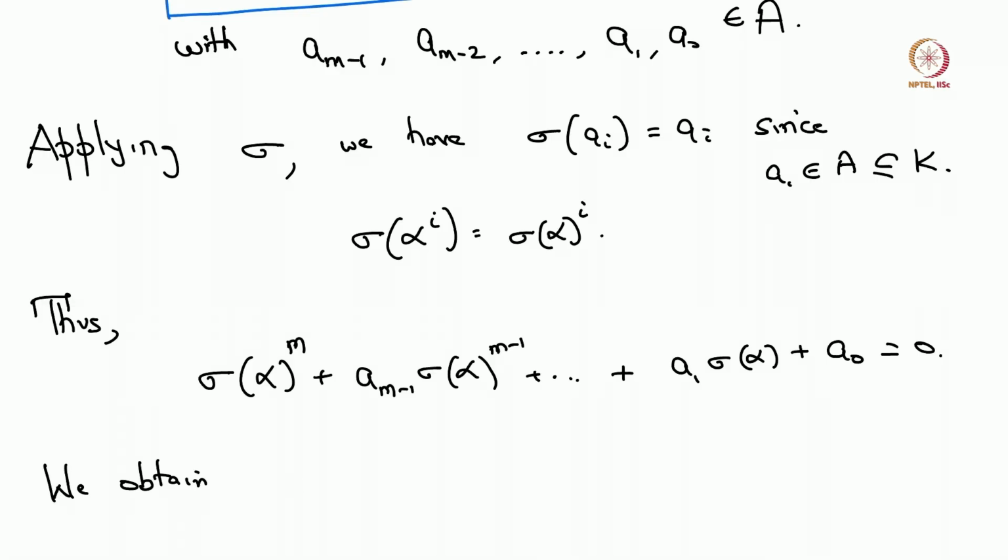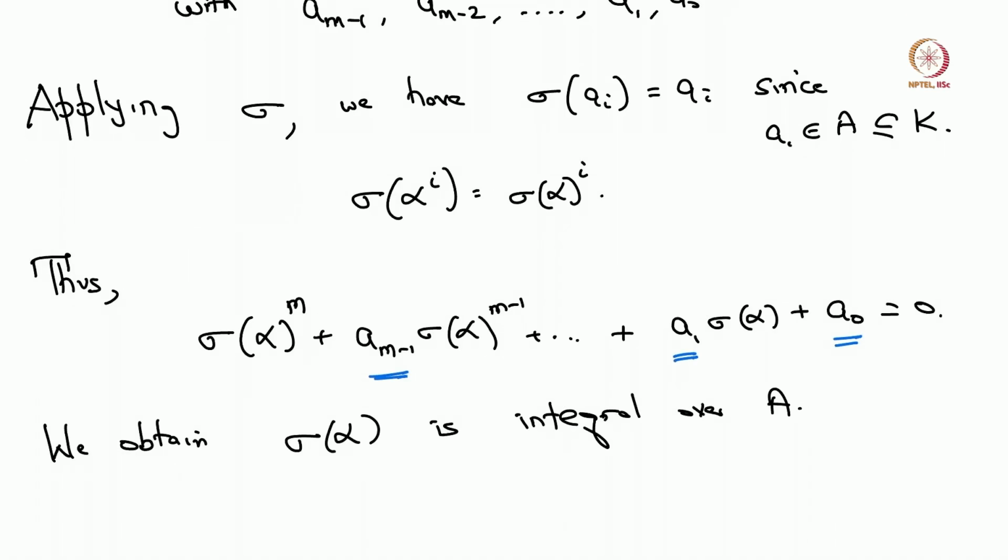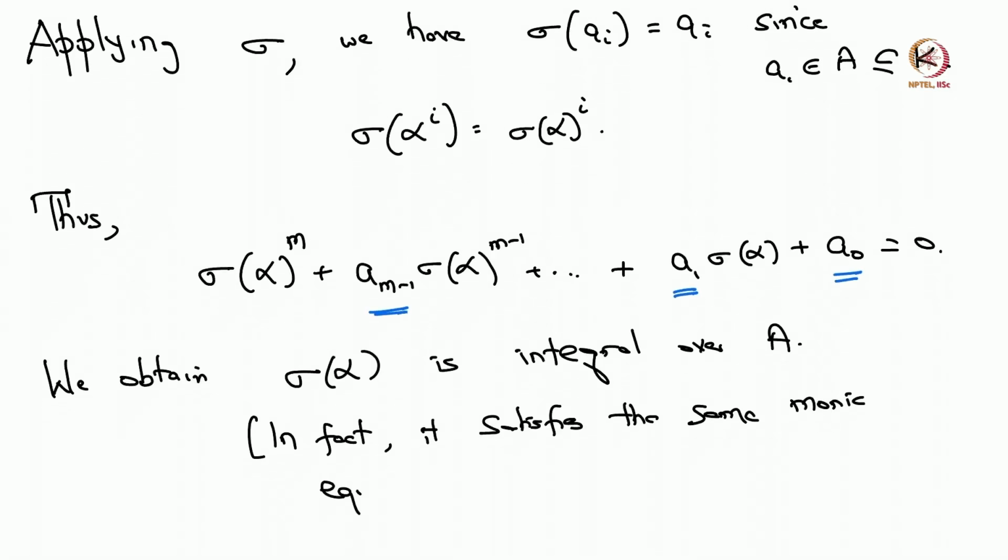So we obtain that sigma of alpha is integral over A, and this monic equation has the same coefficients a_{m-1}, a_{m-2}, and so on, a_1, a_0. So in fact it satisfies the same monic equation that alpha does.